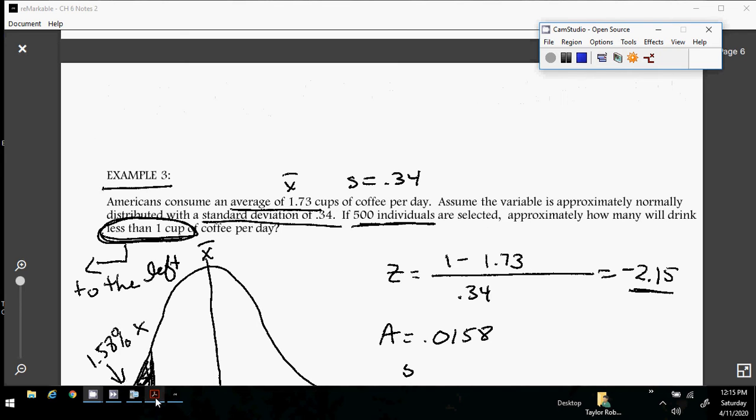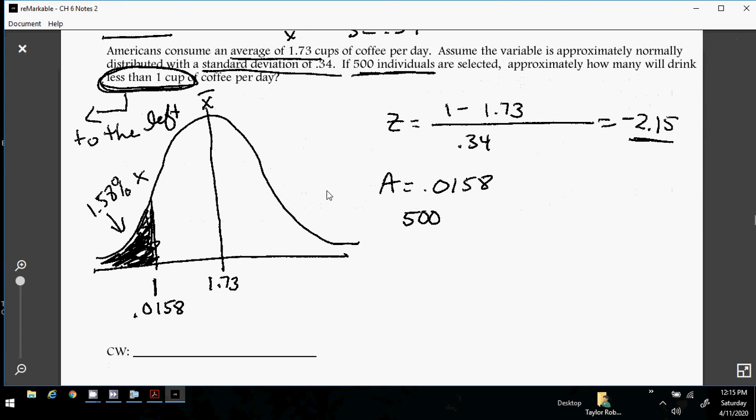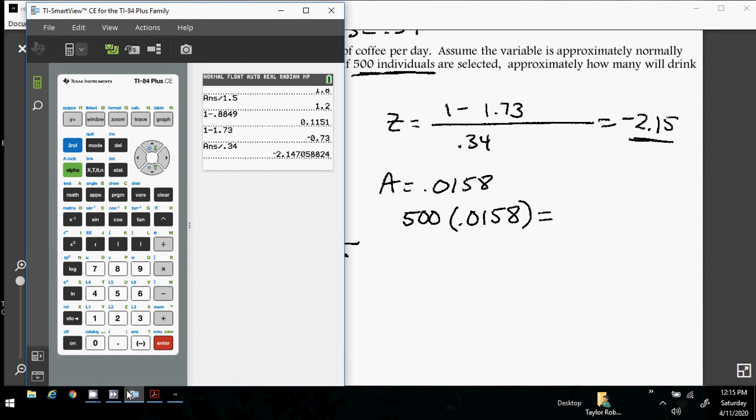Well, the way to do that is to multiply the number of things that you have or things that you're looking at, which is 500, times that decimal, 0.0158. Okay, so when we do that, it's going to give us a number. So I'll look here, 500 times 0.0158, and we get 7.9.